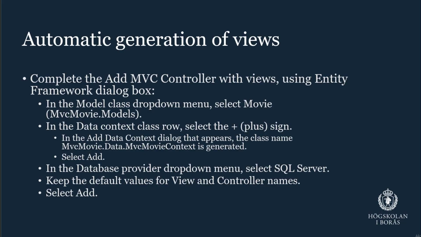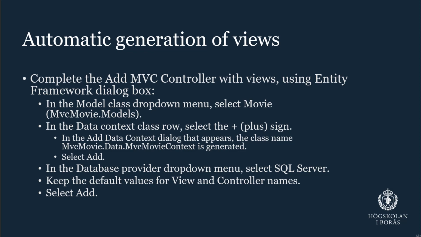Now let's complete the Add MVC Controller with views, using Entity Framework dialog box, which should have appeared now. In the Model class drop-down menu, select Movie, which more specifically would show MvcMovie.Models. In the Data context class row, select the plus sign button.